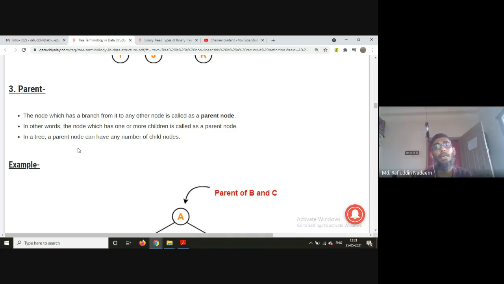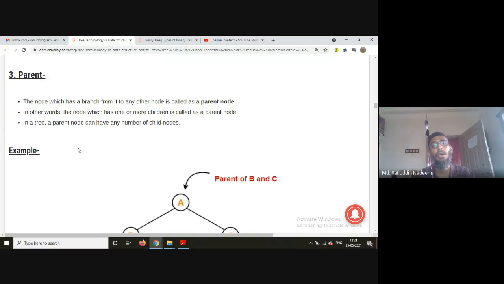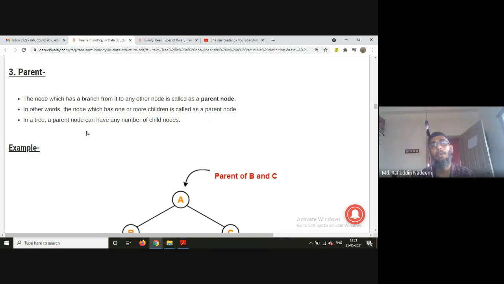So this is the feature of the parent, that it can have any number of children. It is not restricted to two or three or one. It may have any number of children.